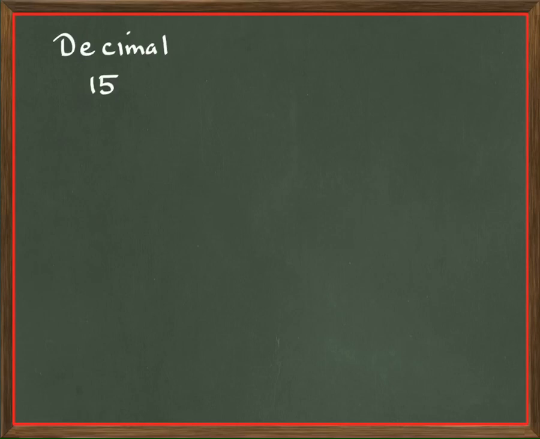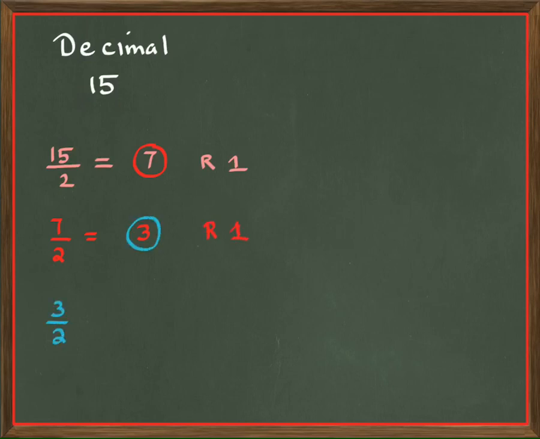Let's have a look. 15 divided by 2, that is 7.5, but I need the quotient, which is 7, and what is the remainder? 1. Repeat the same process with 7. 7 divided by 2, 3 is the quotient, remainder is 1. Then repeat the process with 3. 3 divided by 2 is 1, remainder is 1.